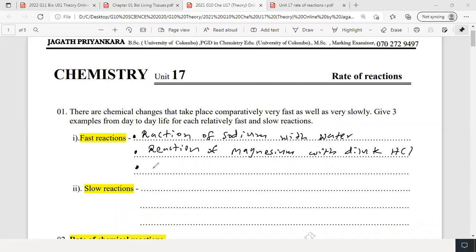So there you can write ignition of petrol, blasting of a cracker. Ignition of petrol. That's why a fuel filling station is dangerous. No one should light up cigarettes, a lighter or a matchstick.